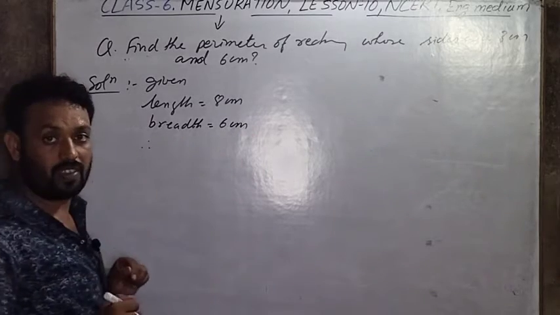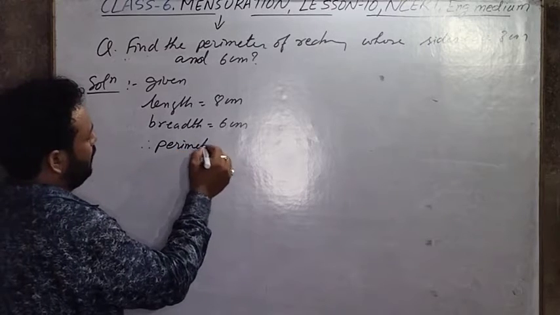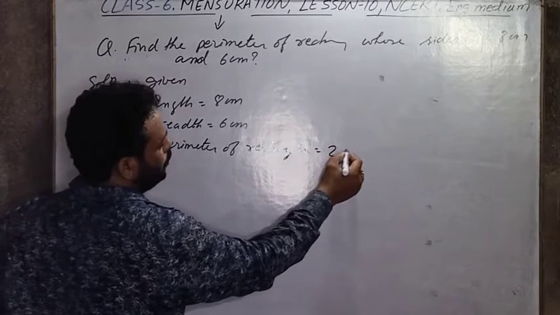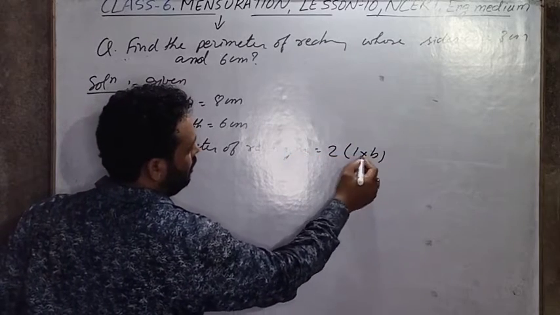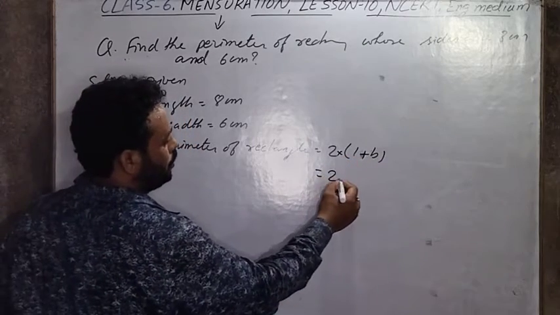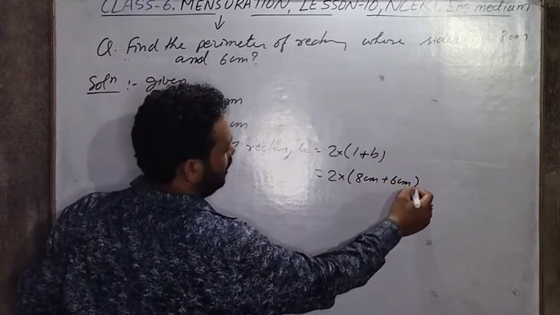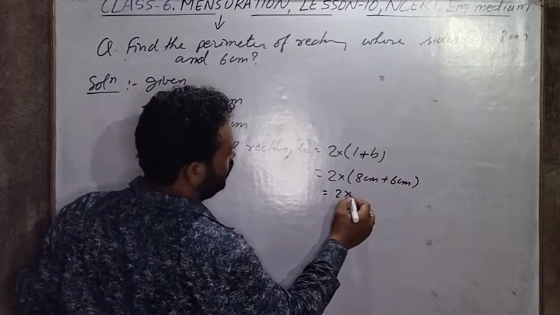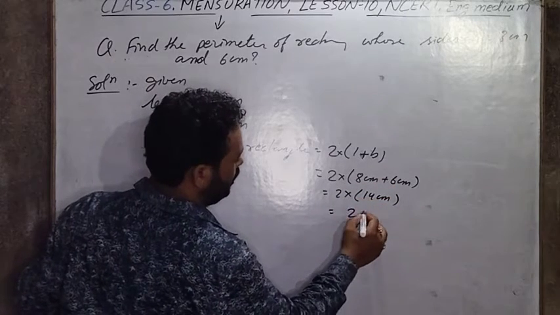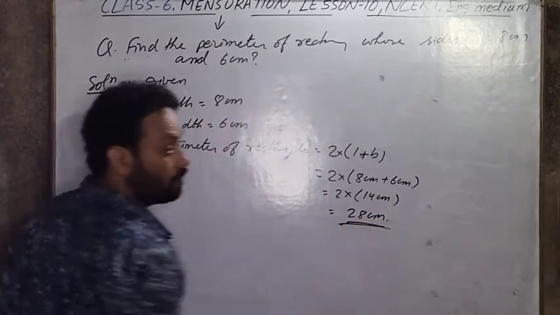Since we know perimeter of rectangle is equal to 2 into L plus B. Now put the values: 2 into 8 centimeter plus 6 centimeter. That is 2 into 14, that is 28 centimeter. This is your answer.